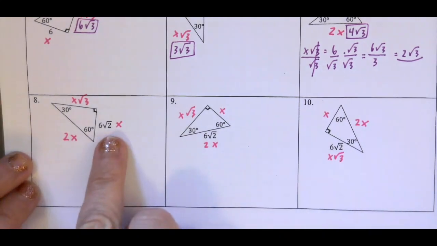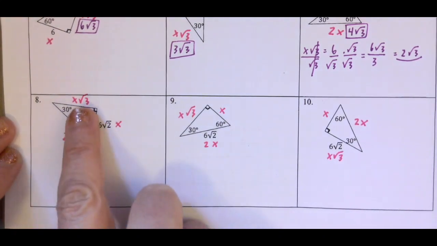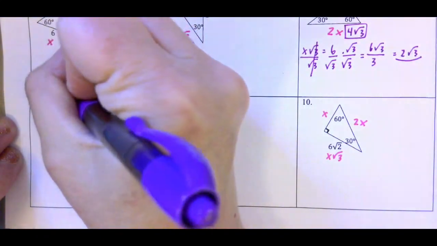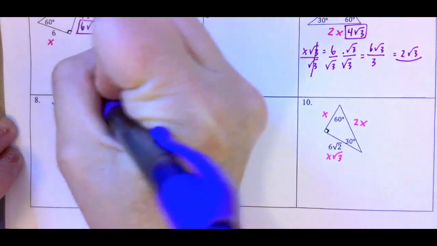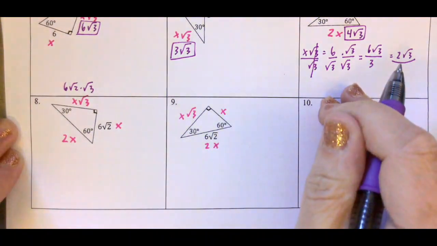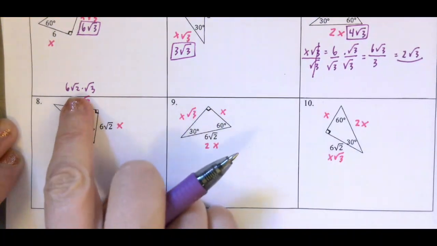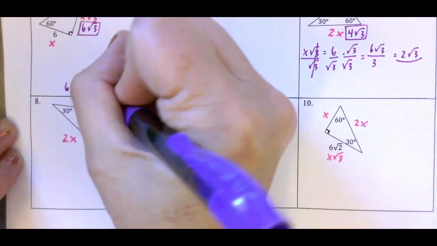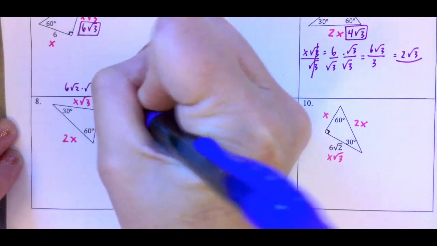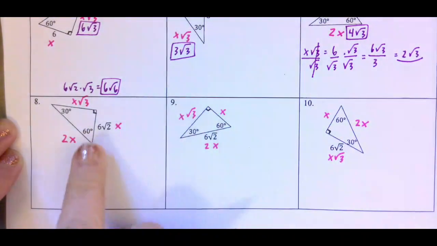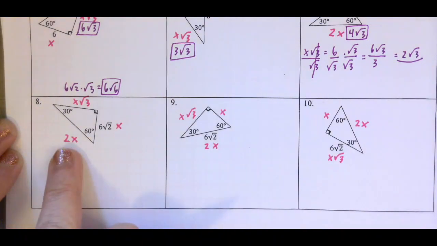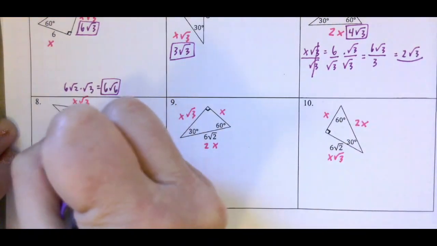All right, so here x is 6 root 2, so I need to multiply by root 3. So 6 root 2 times root 3. Again, if I multiply roots, I multiply the radicands, the numbers that are underneath. So that just makes 6 root 6. And then 6 root 2 times 2 is just 12 root 2.